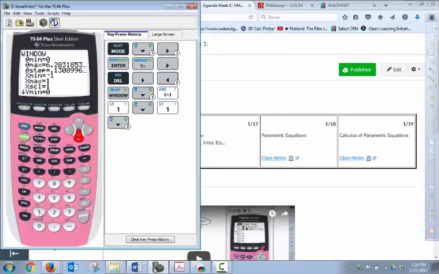And then the y minimum, it starts at 0, so we can just leave it at 0, and let's go to 2. 1.5 would probably do, but let's just do it like this. And then we'll adjust it, because when we first see it, it's not going to be in the aspect ratio that we want. It's going to be the aspect ratio of the calculator. So let's hit graph.